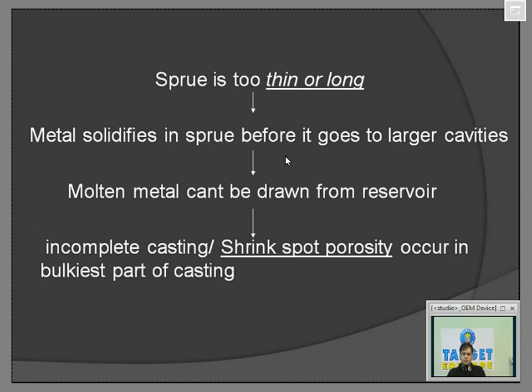So as I told you, if the sprue is too thin or long, metal solidifies in the sprue before it goes to the larger cavities. So molten metal can be drawn from the reservoir, and it results in incomplete casting or shrink spot porosity occurs in the bulkiest part of the casting. Any doubts regarding this question?